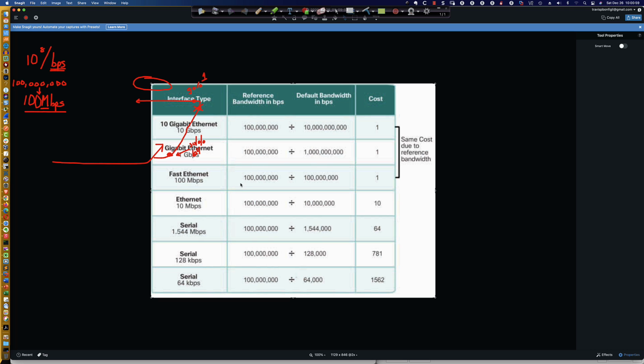And that is that any interface speed 100 megabits per second or faster, 1 gigabit per second, 10 gigabits per second, 40 gigabits per second, which is common today in data centers, 100 gigabits per second, not so common, but it's there. We're there. All of those would have the exact same cost.